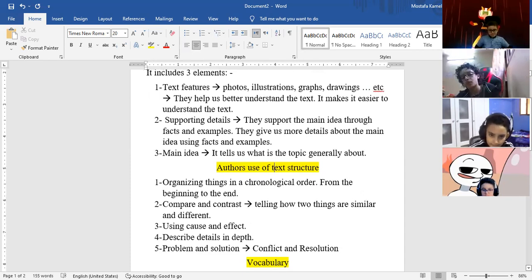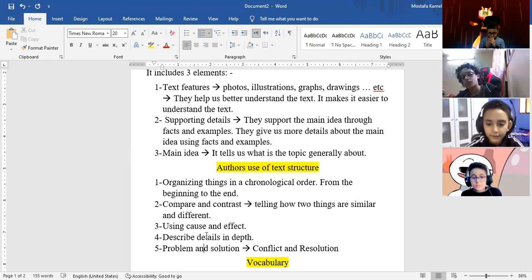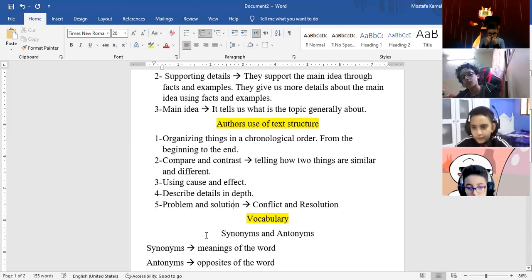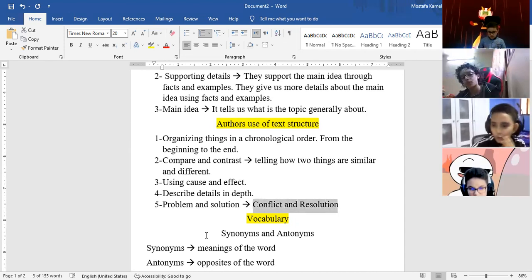We read the author's use of text structure, and how the author organized their writing: sometimes from the beginning to the end, sometimes compare and contrast like you did in the writing sessions on Thursday, cause and effect like when we studied Frida Kahlo, describe details in depth when describing something, and last but not least, conflict and resolution when there's a problem and the writer is trying to solve it.